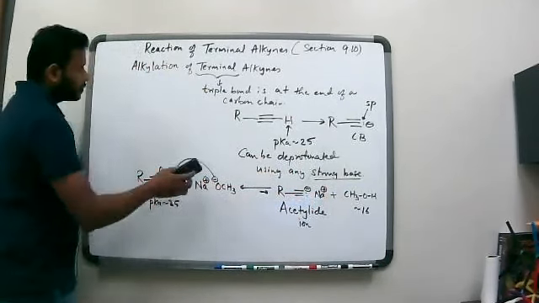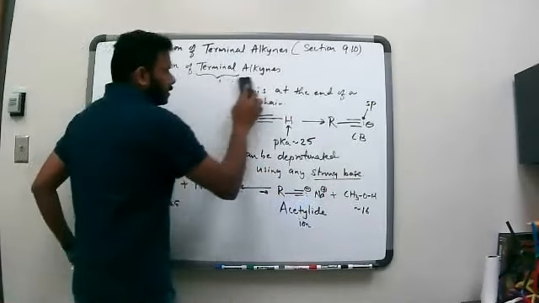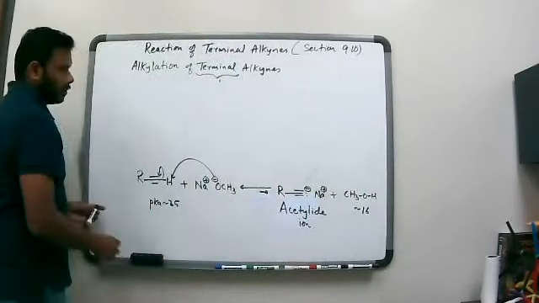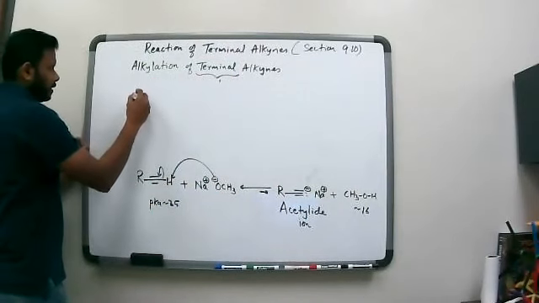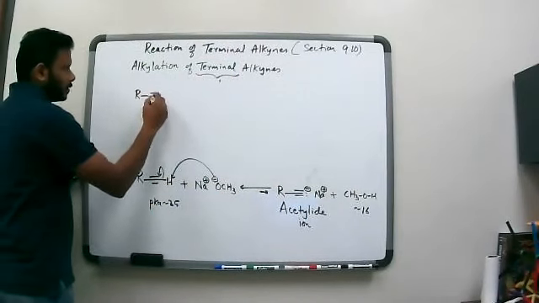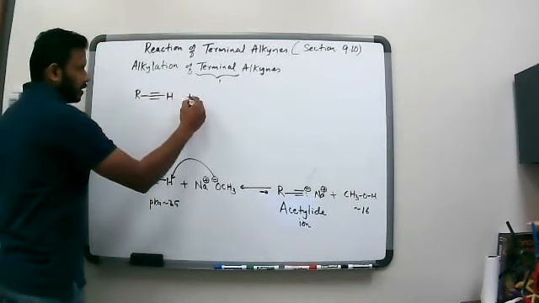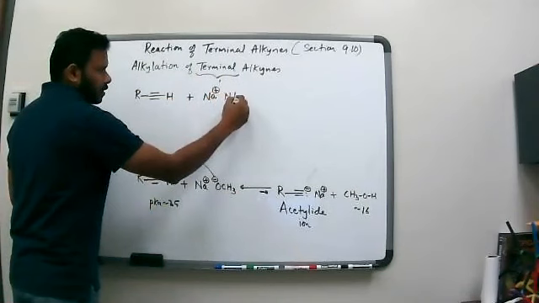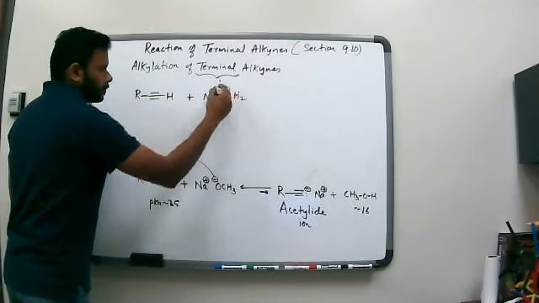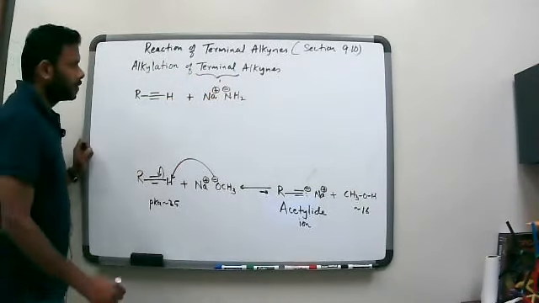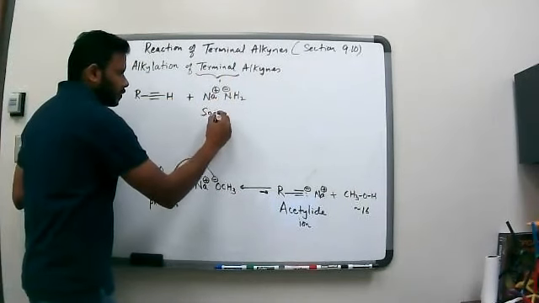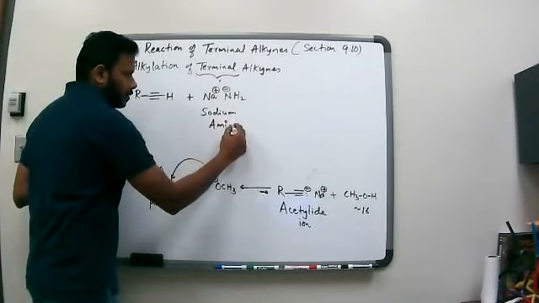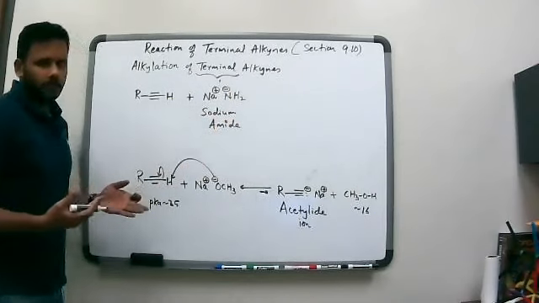But instead, let me get rid of all of this. Instead, if we had a terminal alkyne and we react this with sodium amide, NH2, you can also just call it amide.